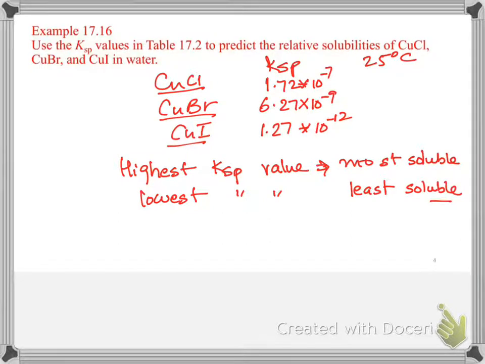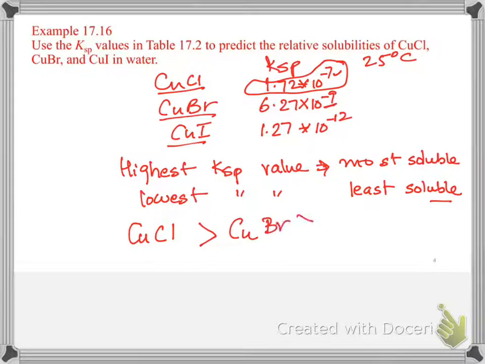So here, CuCl has the highest KSP value because of the lower negative charge in the power. So CuCl has the highest solubility in water, then CuBr, and then CuI.